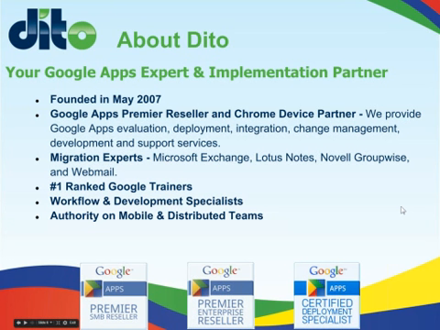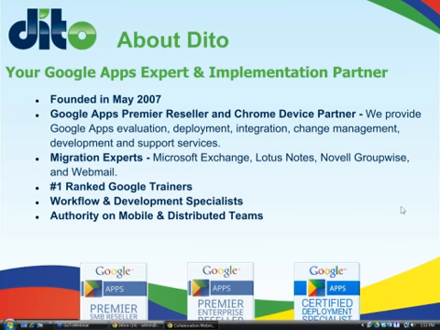We do have another question here. If we wanted to test out Google Apps, who could we contact? Dan, what is the best way to contact somebody here at Dido if they want to test out Google Apps for their organization? Sure, I would be glad to help with that.